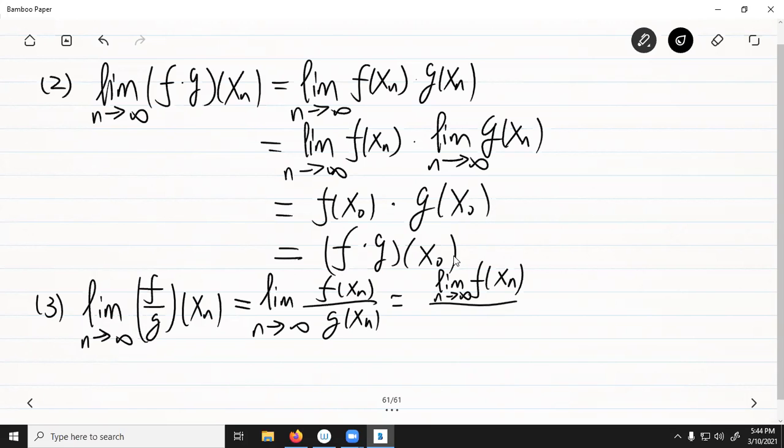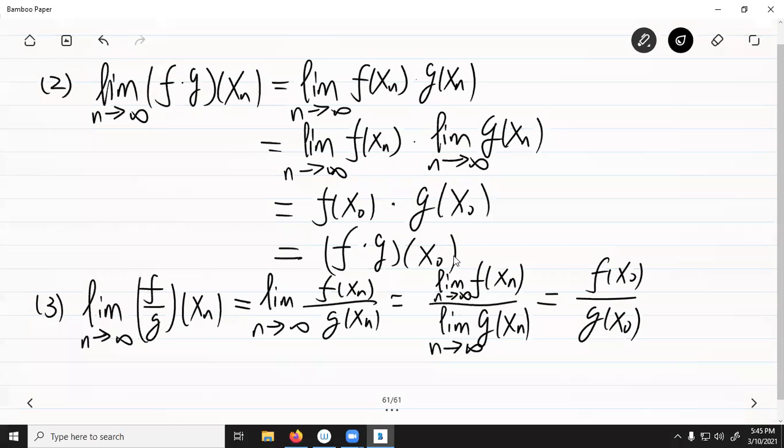Otherwise, you cannot take the limit for each one. And this is f of x0 over g of x0, so that means f over g of x0. Okay, so this is the proof for this one.